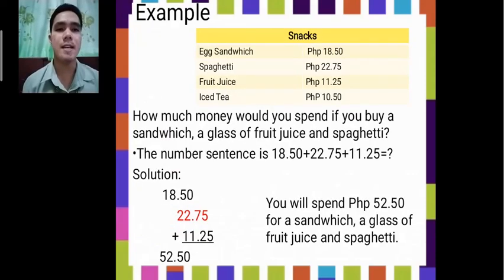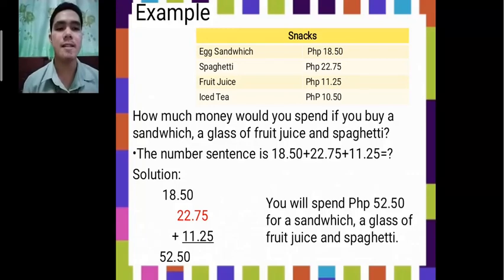Now let's have another example. Suppose we have this menu. Egg sandwich is 18.50 pesos, spaghetti is 22.75 pesos, fruit juice is 11.25 pesos, and iced tea is 10.50 pesos. Now, the question is, how much money would you spend if you buy a sandwich, a glass of fruit juice, and spaghetti?